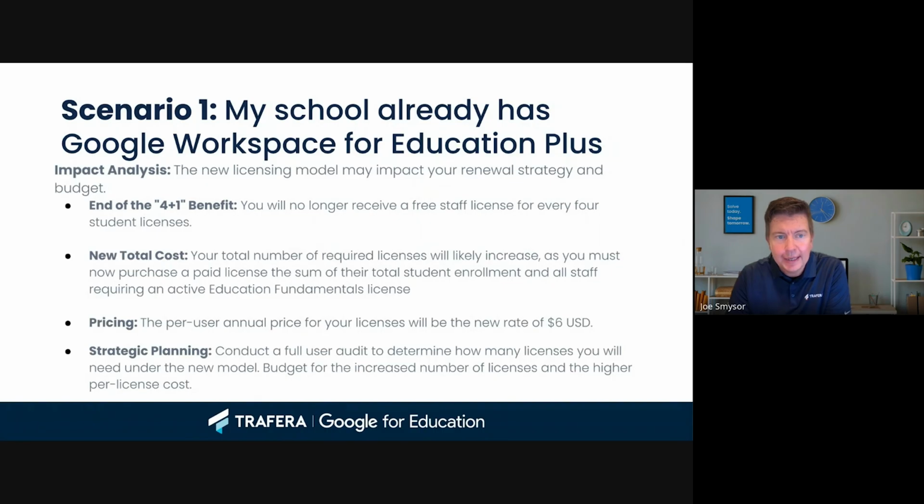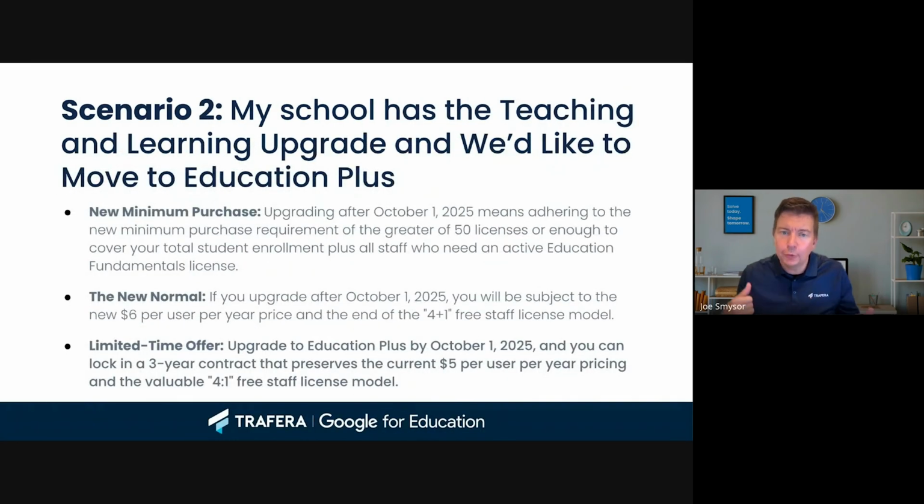As we think through that, scenario 2: what if my school has the Teaching and Learning Upgrade and we'd like to move to Education Plus? Or what if we have Education Standard and want to move to Education Plus? If your school already has Teaching and Learning Upgrade and wants to move to Education Plus, you have a key decision to make regarding the timing of this upgrade.